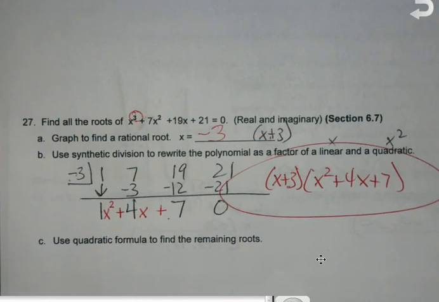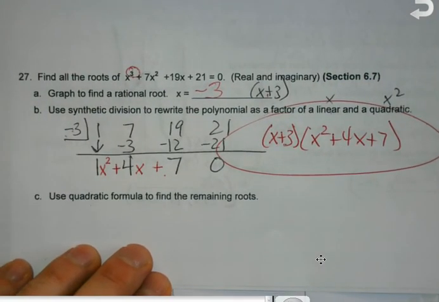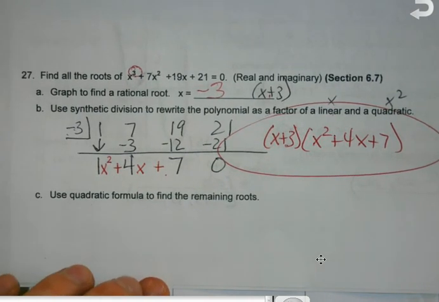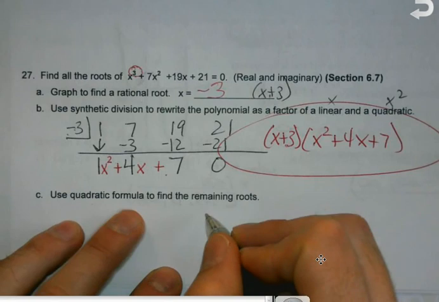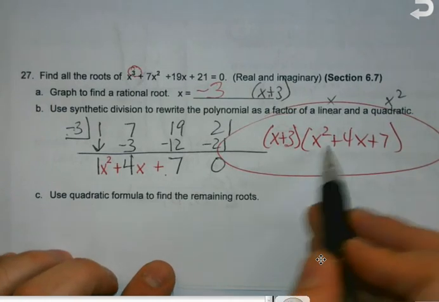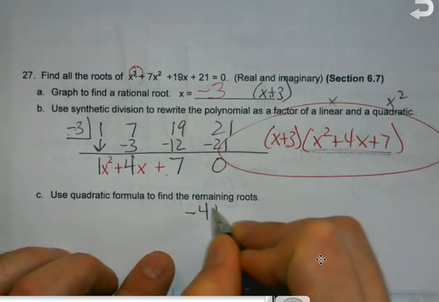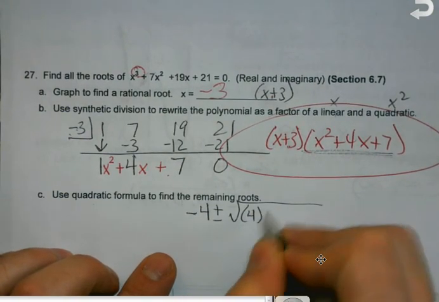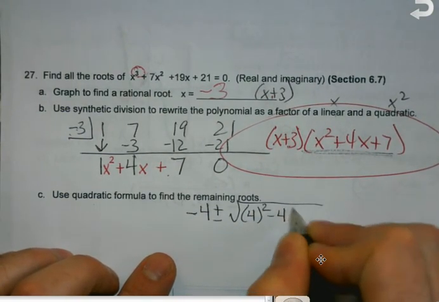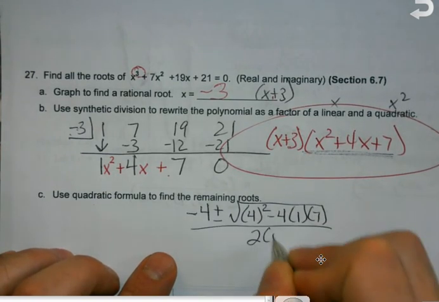And then finally, it says use the quadratic formula to find the remaining roots. Before some of you have a coronary, you're not going to get stuck doing that tomorrow. So the quadratic formula, since I can't factor it, I've got -b plus or minus the square root of b squared minus 4ac all over 2a.